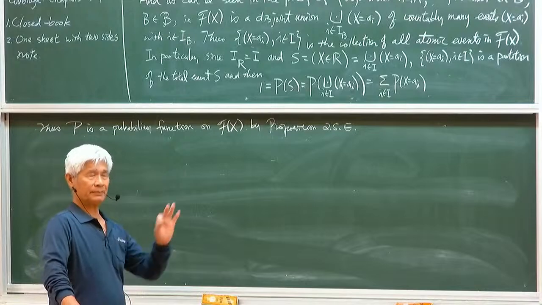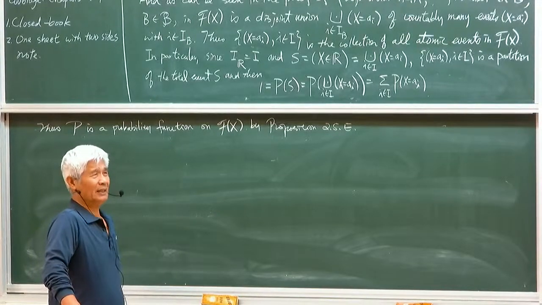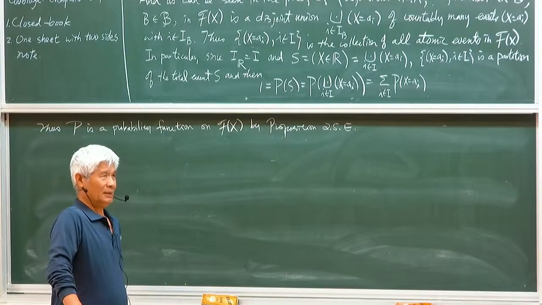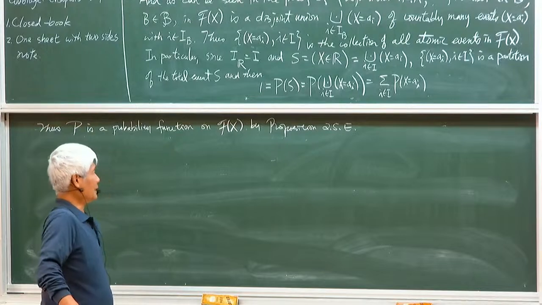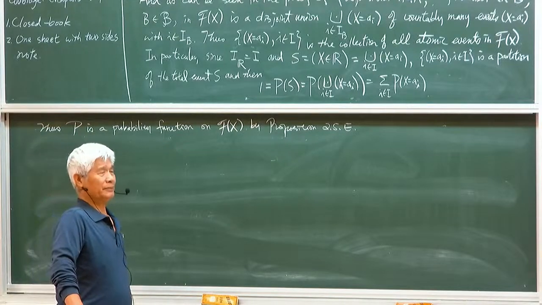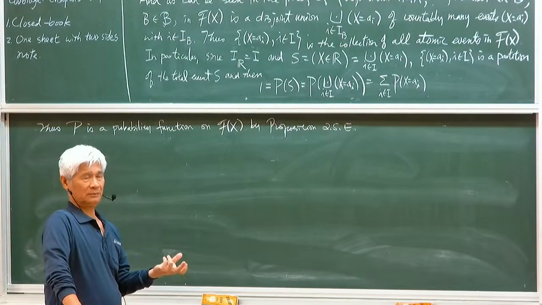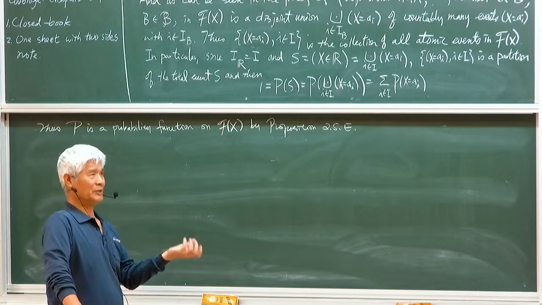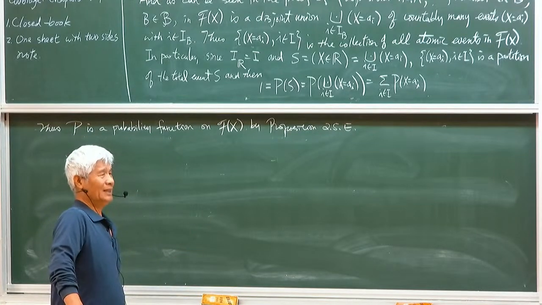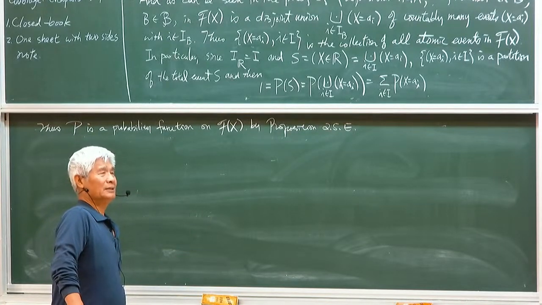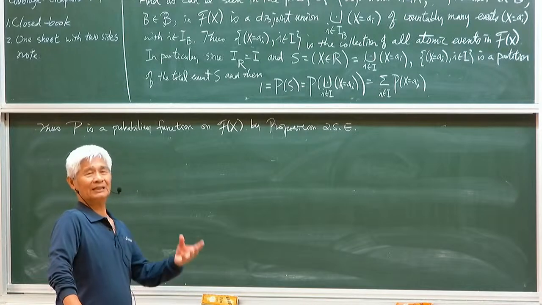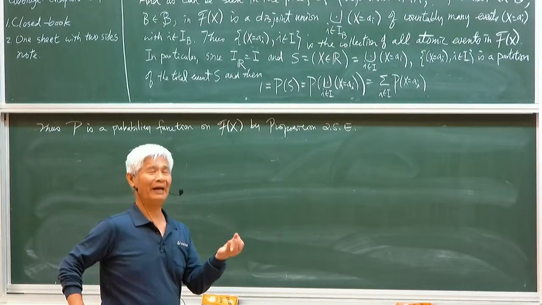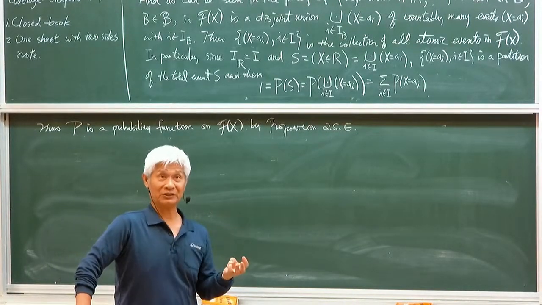So in many statistical problems or in many science and engineering disciplines, you are usually provided by a random variable only, and information about the random variable. And so you are missing the sample space, the sigma algebra, and the probability function.